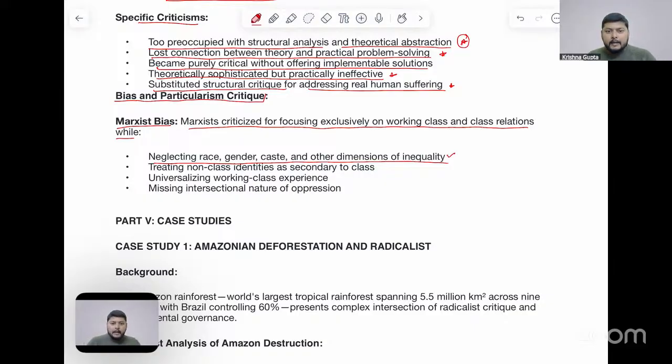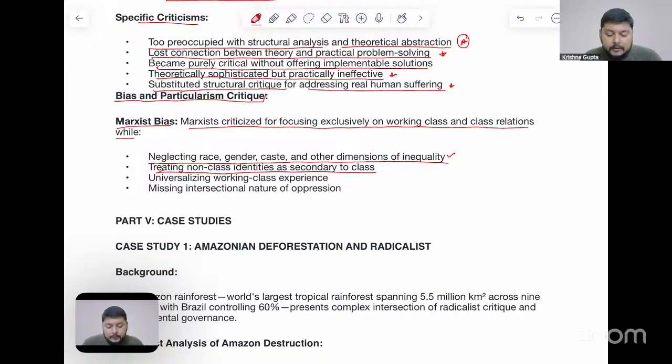Marx did not highlight that there is a black and white issue. Marx did not highlight the issue of gender, between female and male. Marx did not highlight that there are different castes in the society and what the issues between them are. So these were certain dimensions of inequality which were not prevalent in Marxism.